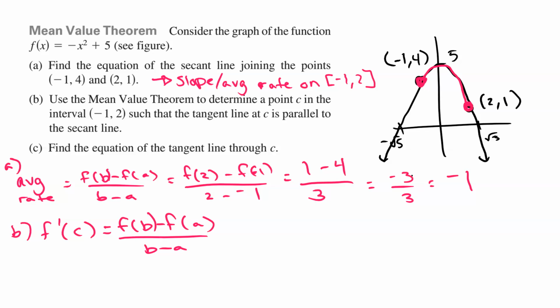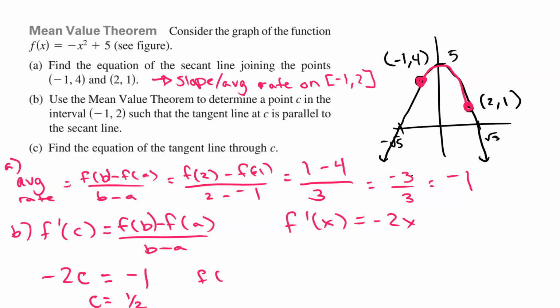We can use it. So we need to know what our derivative is. Our derivative of negative x squared plus 5 is negative 2x. So we set that equal to, well, that's negative 2c, equal to negative 1, and we solve, we get c equals 1/2.